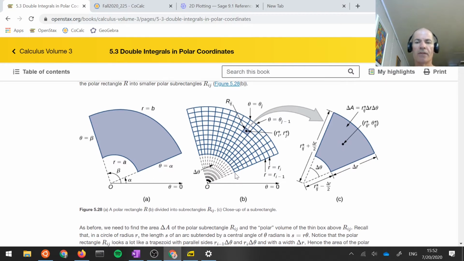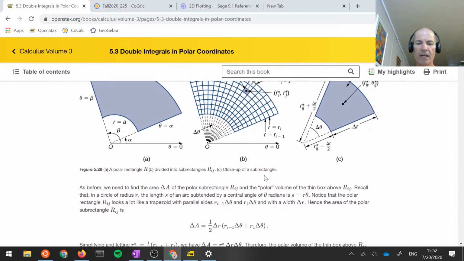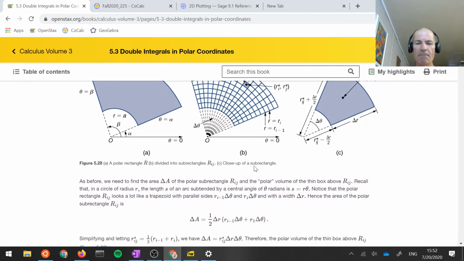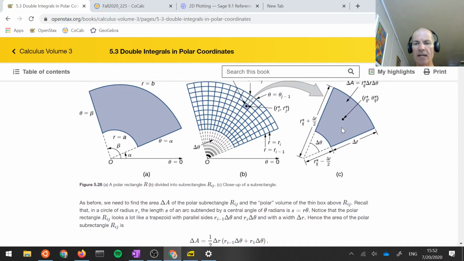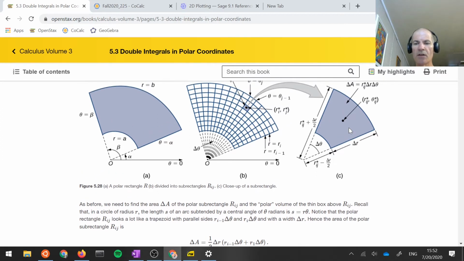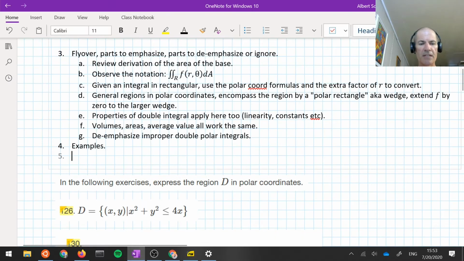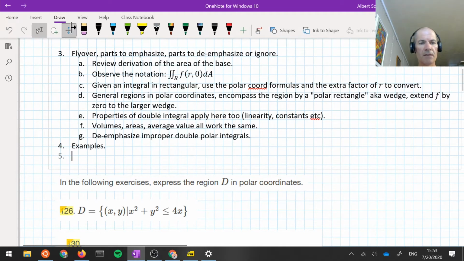The way to deal with that is to observe that we can get the area of one of these little wedges, delta A, by this formula. The picture here doesn't do a great job of illustrating this, so I'm going to jump over to the notes and briefly sketch it out for you.